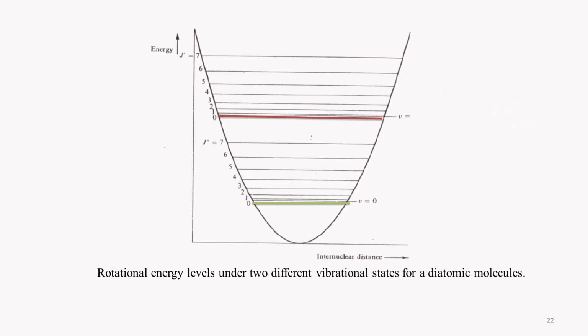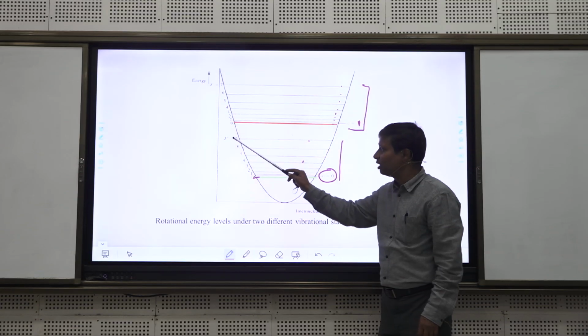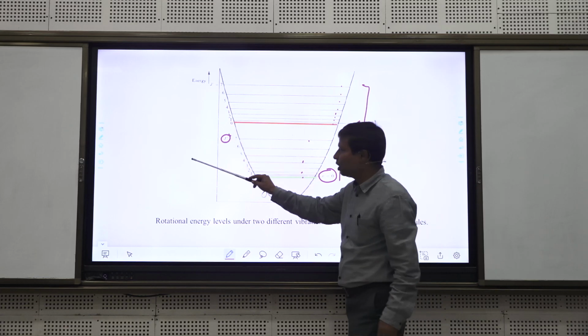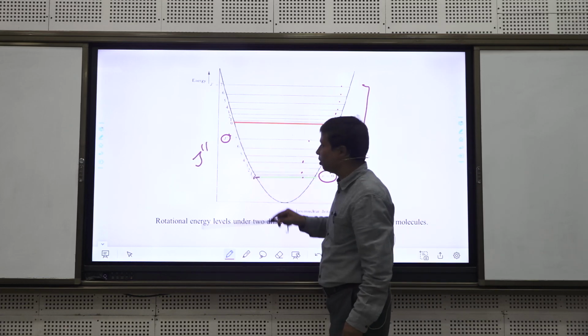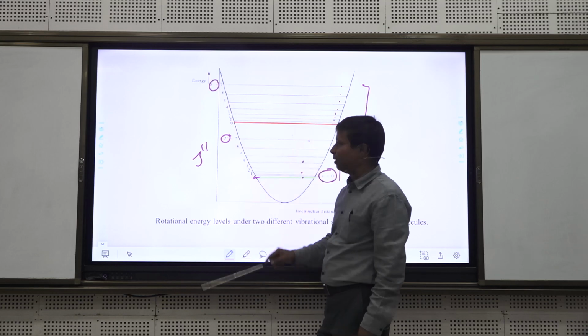In vibrational level V equals 1, you have several rotational energy levels. In V equals 0, you also have several rotational energy levels. The rotational quantum number indicates the rotational energy level 1, 2, 3, 4, 5, 6, 7. Conventionally, the lower one is given a double prime and the upper one a single prime.